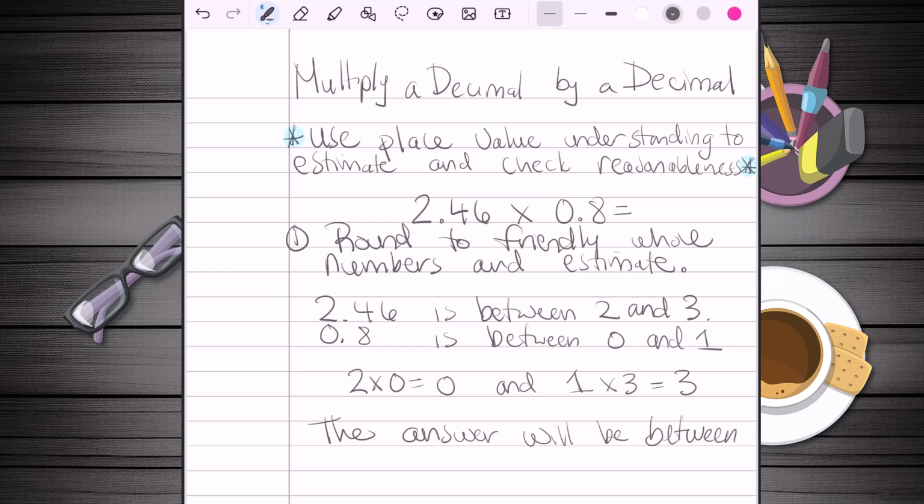And that is really important. The answer will be between 0 and 3. And at the end, we're going to come back and look at these numbers so we know where to place our decimal point. So let's highlight that so when we go back, we know where to look. The answer will be between 0 and 3.